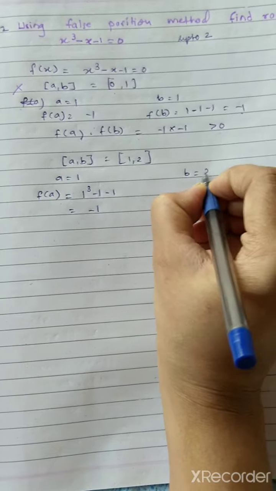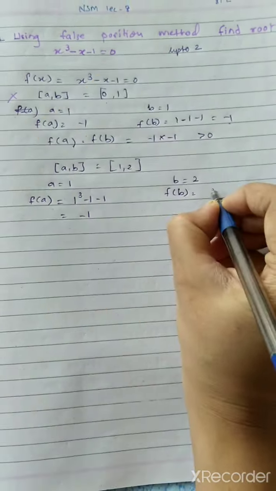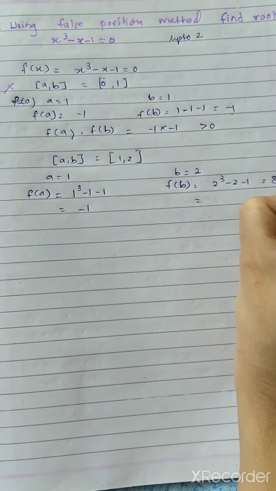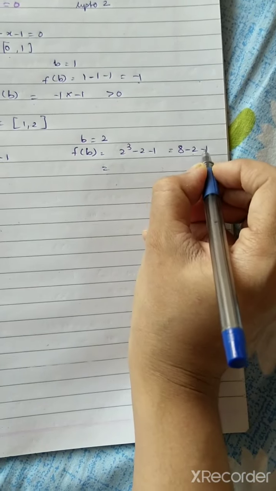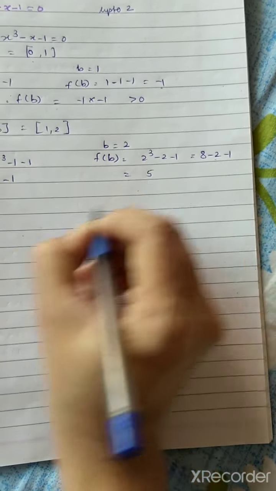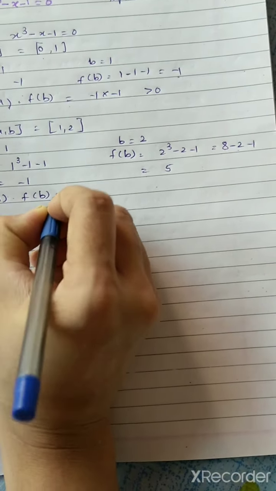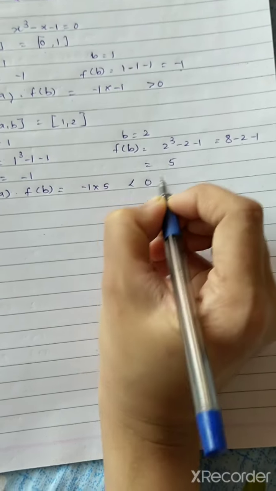And when b is equal to 2, f of b will be, substitute over here, 2 cube minus 2 minus 1. 2 cube is 8 minus 2 minus 1. So 8 minus 2 is 6, 6 minus 1 is 5. Okay. So that means now here f of a into f of b is equal to minus 1 into 5, which is less than 0.